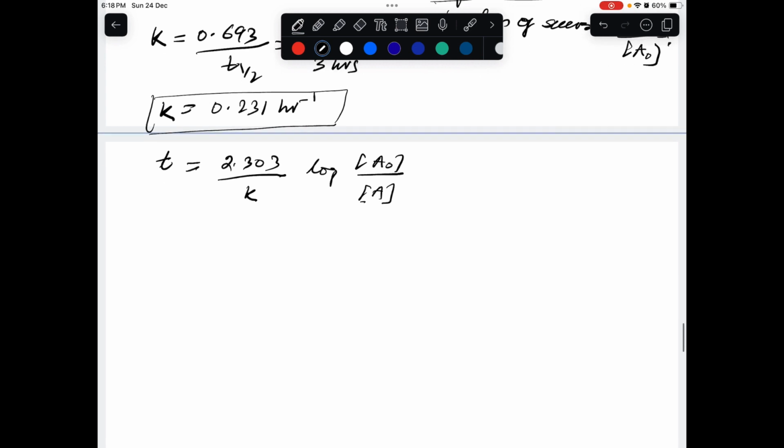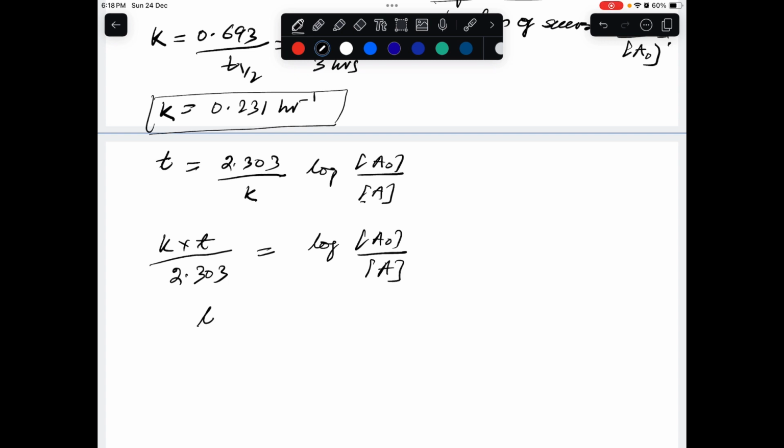Now we will rearrange this equation, and we will bring the log terms on one side and the others on the left hand side. So what we have, K into T divided by 2.303 is equal to log of A naught over A. Now we will put down the values.